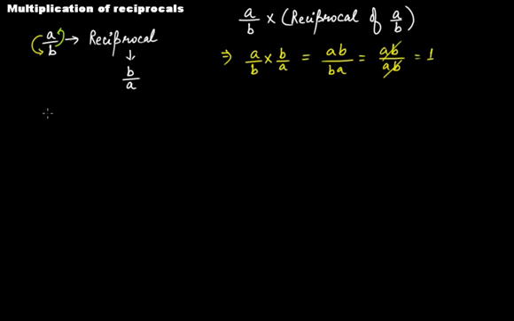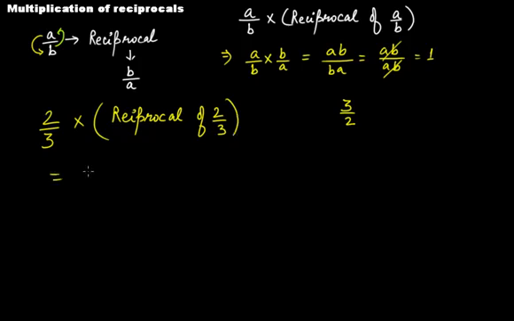Let's say your rational number is 2 over 3. Now what's the reciprocal of 2 over 3? The reciprocal of 2 over 3 is 3 over 2. So if you have to multiply this 2 over 3 with its reciprocal, this is actually 2 over 3 times 3 over 2.